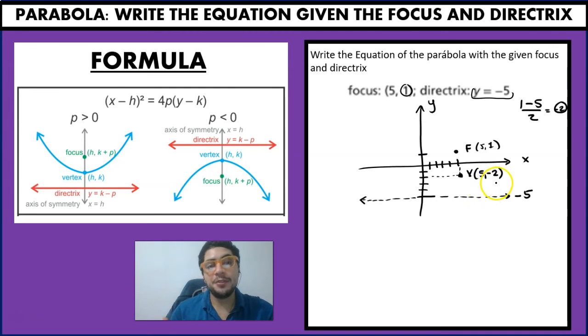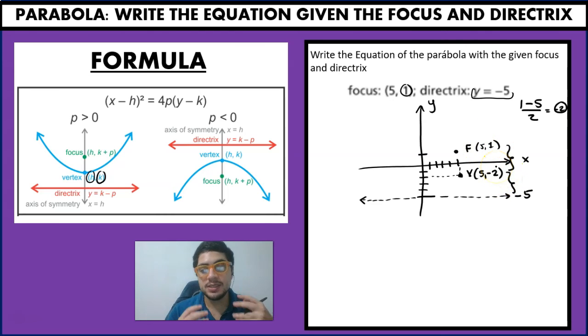Now that we know (5, minus 2), we actually know the value of h, and we also know our value of k. Now, in order to find the value of p, we have to remember that p is going to be the distance from the vertex to the directrix, and the distance from our focus to our vertex is going to be the same distance. So from our focus to our vertex, we're going to have from 1 to minus 2.